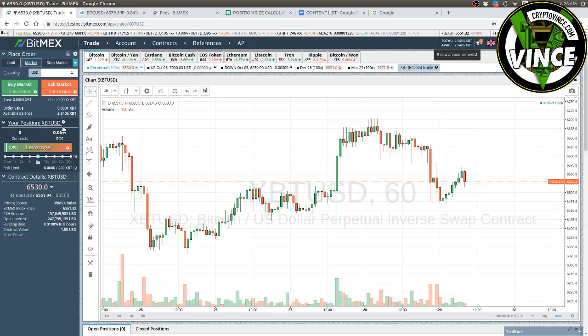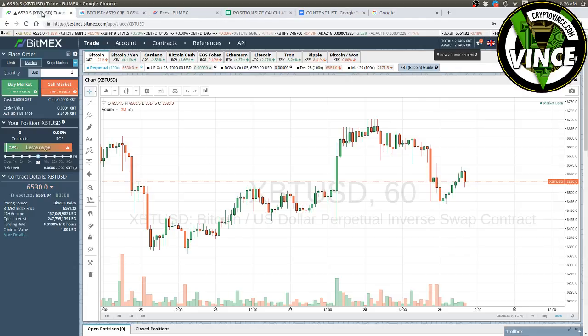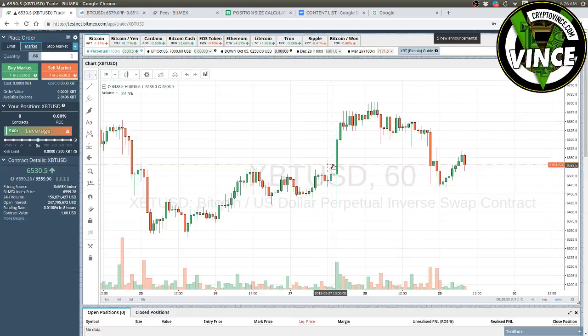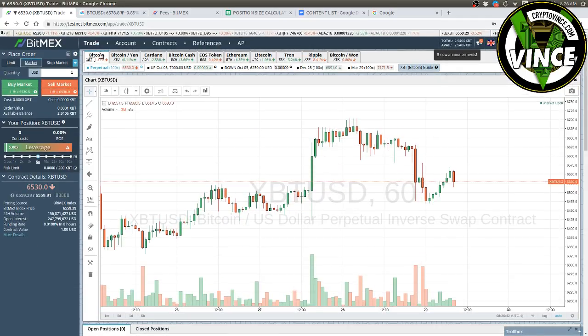Before we talk about how to open a trade and position size, let's show you the BitMEX interface, so you know where to find things. This is gonna be pretty easy and beginner-friendly, and we're gonna make clear all the tools we have here. First of all, this is the interface.